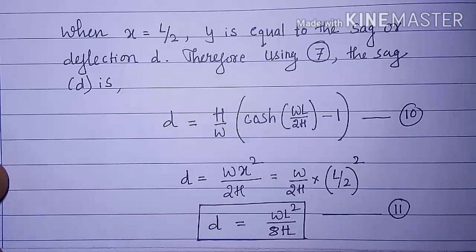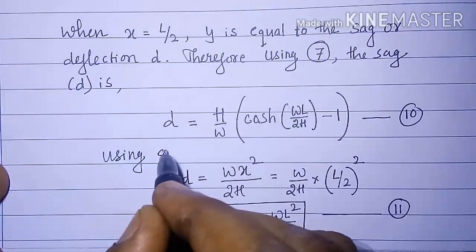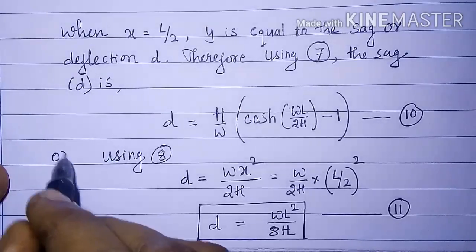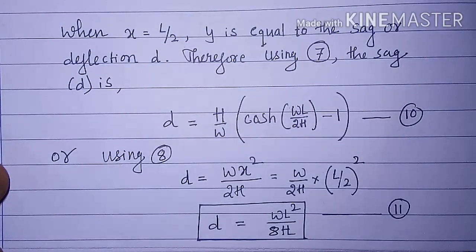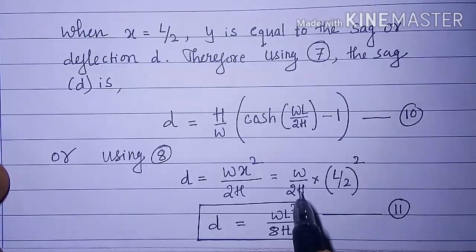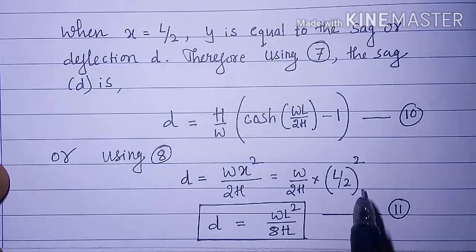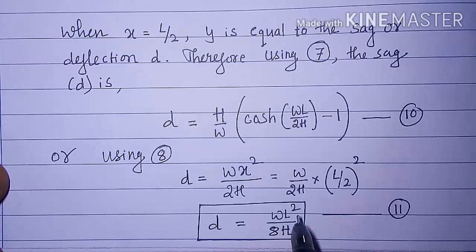If we use equation 8, D is equal to Wx square upon 2H, that is equal to W by 2H into (capital L by 2) whole square. Simplifying, we get D equal to WL square upon 8H. Let us call this the 11th equation.